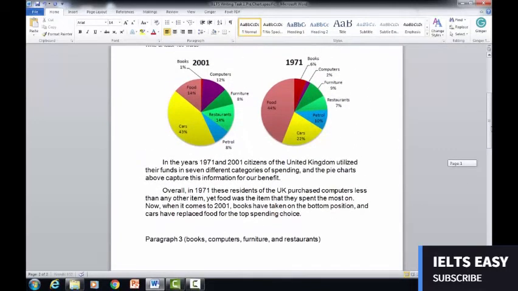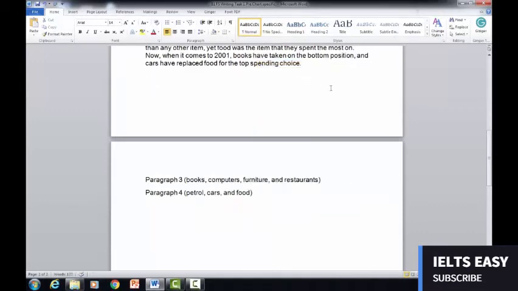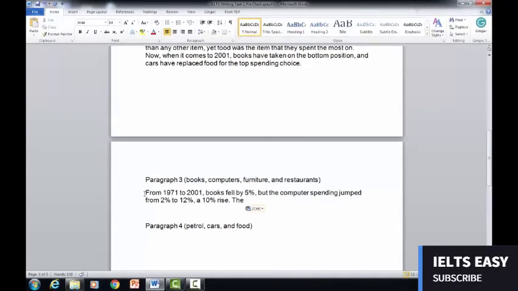Now, what did furniture do? Furniture had a minimal fall of 1%, and restaurants doubled from 7 to 14%. Oh, hold on, everyone. We're putting this in the wrong spot. Hopefully, if you were physically in my class, you would tell me, hey, teacher, you're writing this in the wrong spot.